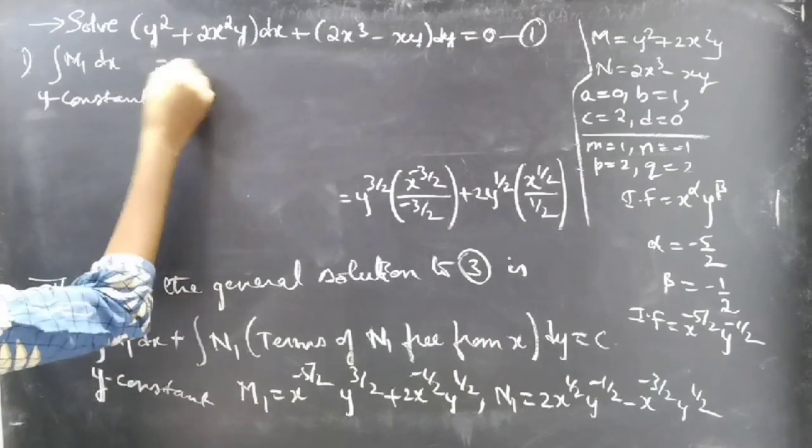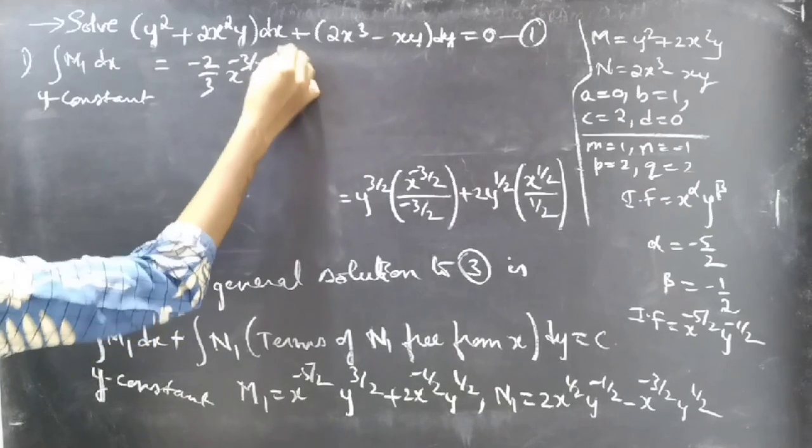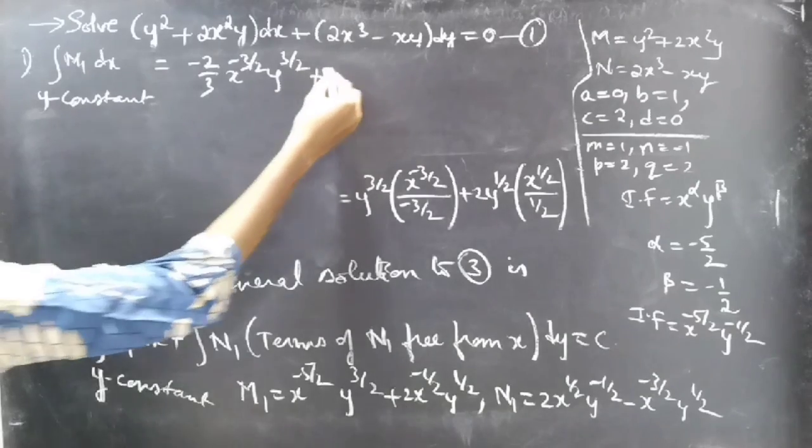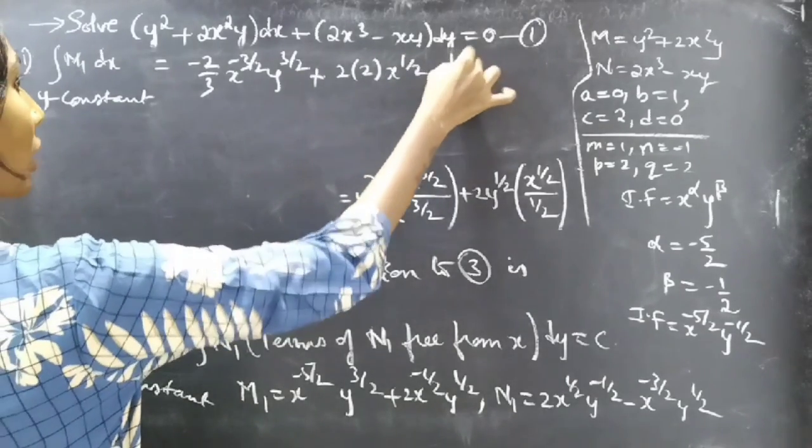This gives us minus 2 by 3 x power minus 3 by 2 y power 3 by 2 plus 2 into 2 into x power 1 by 2 y power 1 by 2.